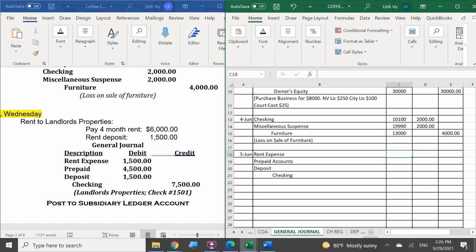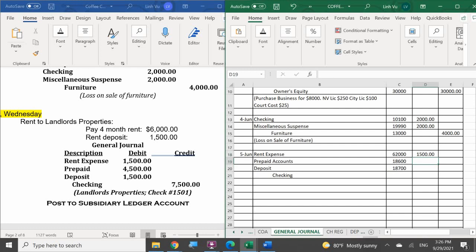Rent expense was 62,000. Rent expense, good. For $1,500, good.